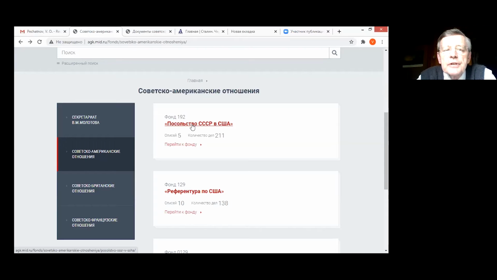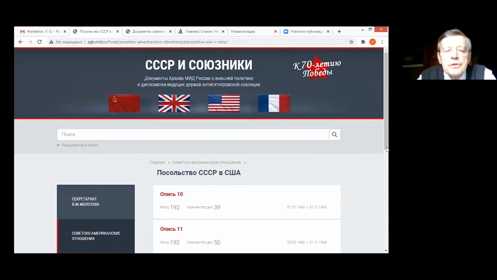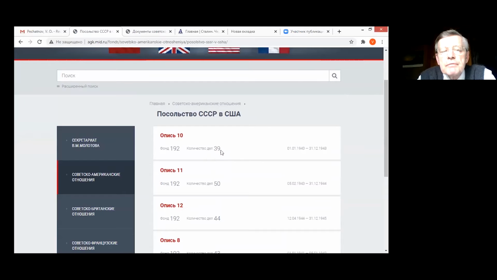But here you would have it in the fond 1992, and it's very easy to use. As you can see, you go to the inventory list and then to the individual folder. You see the 39 folders in this office, 50 here, 44.